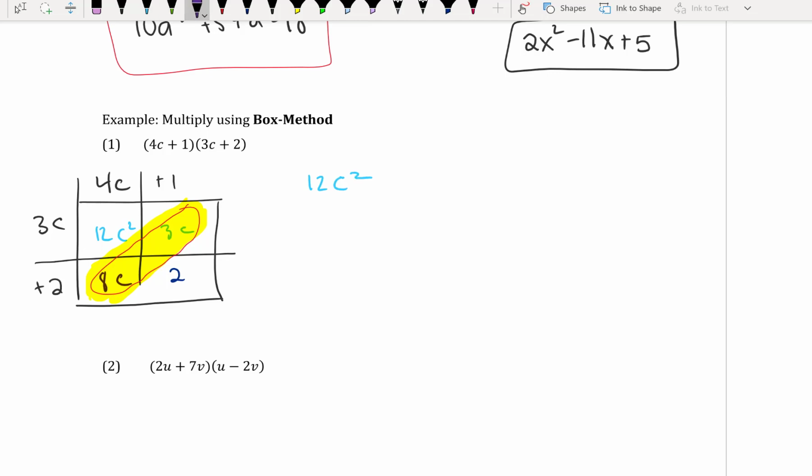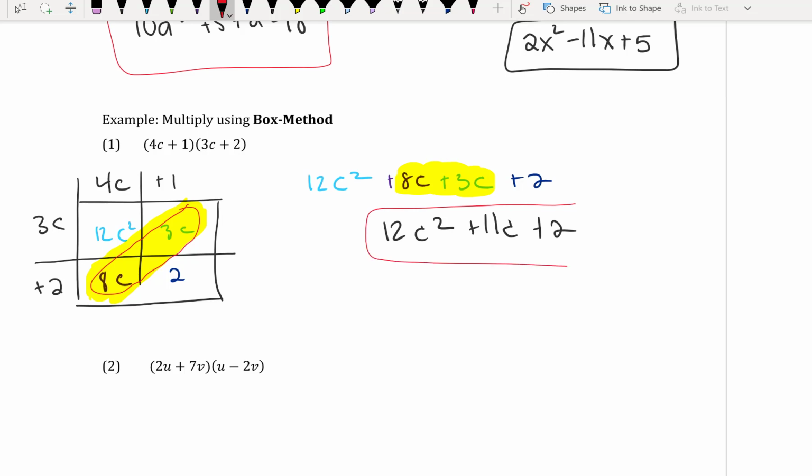I have my positive 8c, and my positive 3c, and a positive 2. And like I said, we're going to be combining those two middle terms. So I have a 12c squared. 8 plus 3 is going to give me a positive 11c plus 2. And that ends up becoming my final answer.